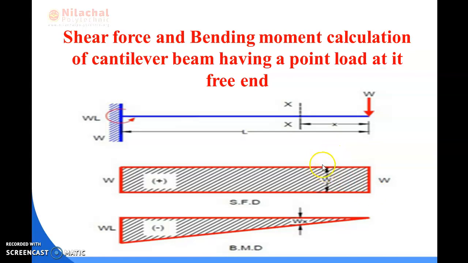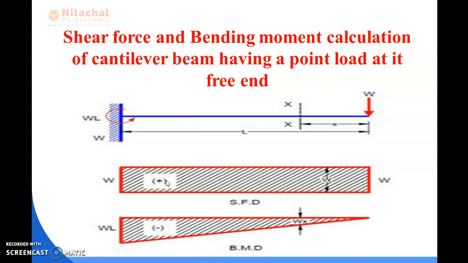So here W, and another shear force is here. After that, we have to join these points and make a beautiful shear force diagram. Because it is positive in sign, we have to draw the positive sign here.